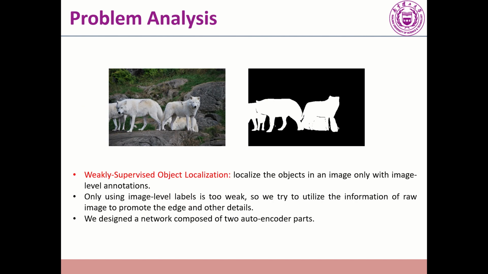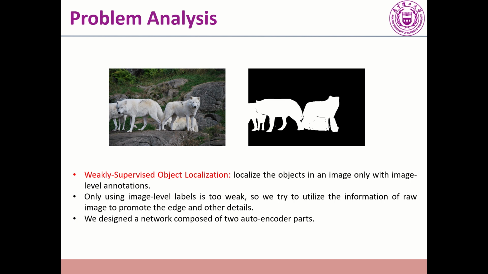Problem analysis. As we all know, weakly supervised object localization is to localize the objects in an image only with image level annotations. There have been a number of ongoing investigations regarding weakly supervised object localization, covering self-transfer learning-based, attention-based, multiple instance learning-based, and one of the most recognized approaches is the class activation map-based method.